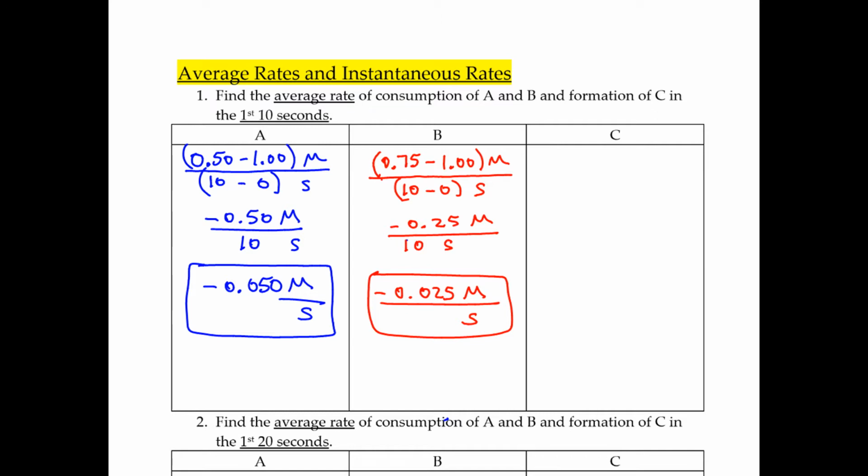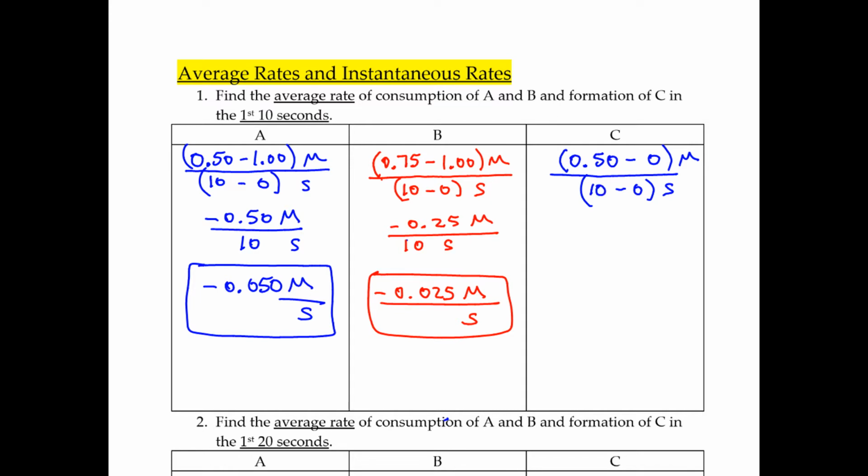Now if we contrast that with C, we're going to find that C is being formed. So the final concentration after 10 seconds was 0.5. C started at 0. That's the molarity change over the time change, which again was 10 seconds minus 0 seconds. So if you do the math for that, it's going to be very similar to the first one.